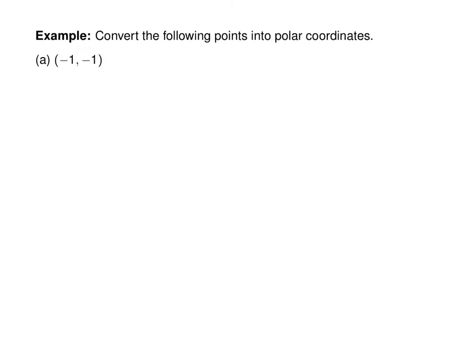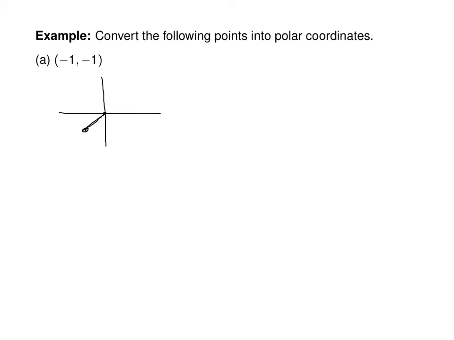Next, let's convert this point to polar coordinates. Convert the following point to polar coordinates. So the point (-1, -1) is located in the third quadrant, back 1, down 1. So we want to figure out how to represent that with polar coordinates.